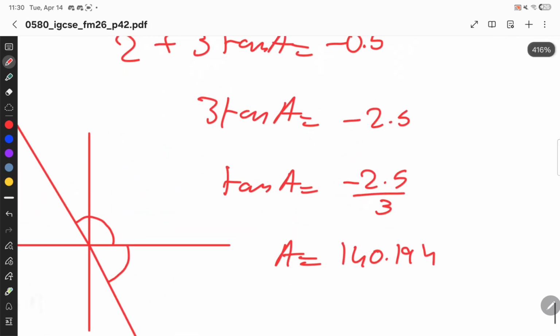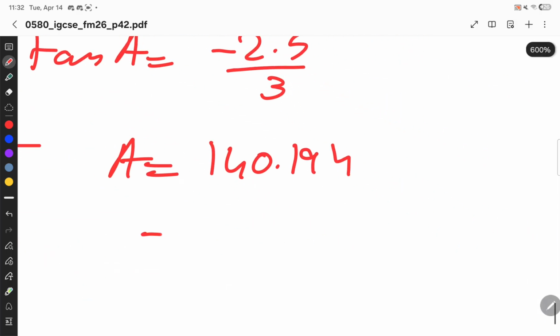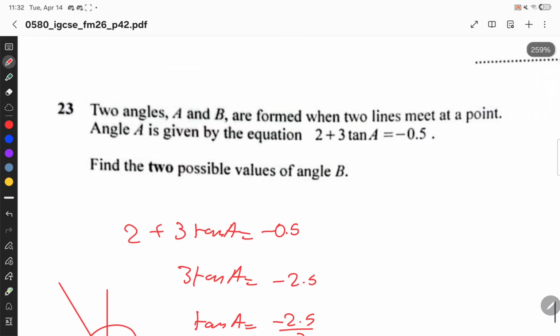Now it repeats every 180, so it's either this value or another value, which will be like this big angle towards here, so this is 360 plus thingy, so either 320.194. Okay, so we get these two values.